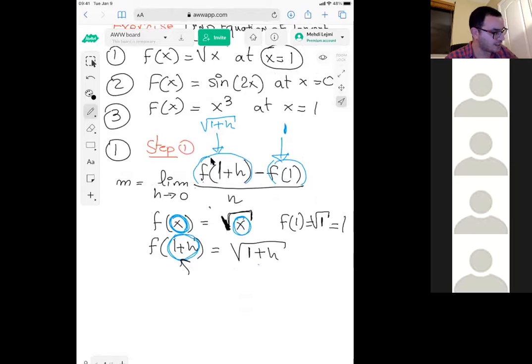Your x is under the square root, right? So instead of this x, I'm going to put 1 plus h. Oh, because 1 plus h is now x. Yes. Okay. Sorry, I thought you were talking about the definition of m.